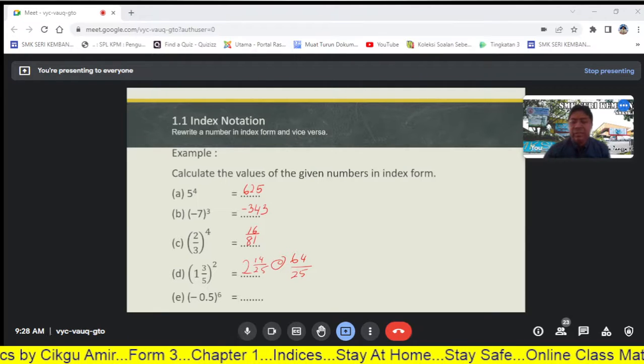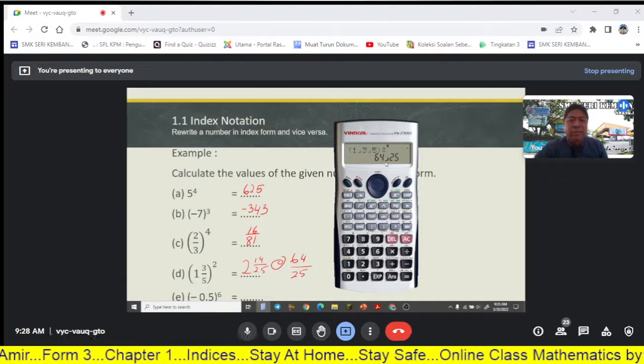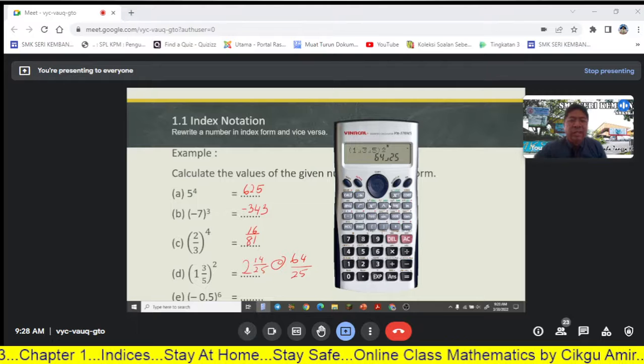Now I'm not using this symbol, I want to use the arrow symbol.